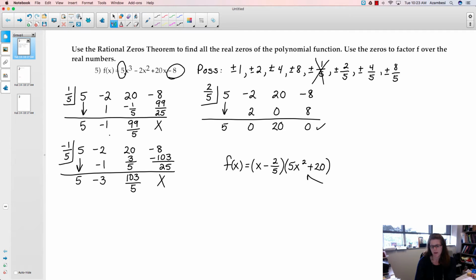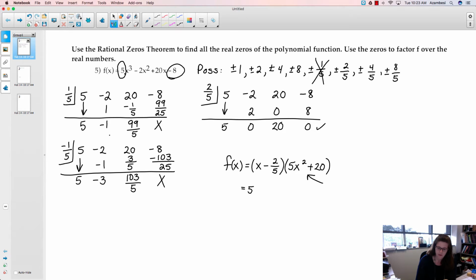Looking at this 5x squared plus 20, that's a parabola that opens up, moved 20 units up. So if I'm thinking about it, it opens up, moves 20 units above the axis, so I'm never going to cross the x-axis here. That doesn't have any zeros. Now if I want it in fully factored form, I can factor out the 5.